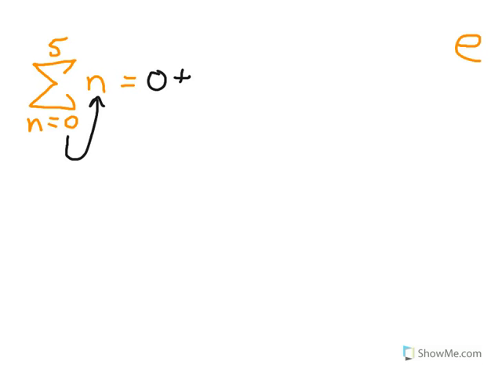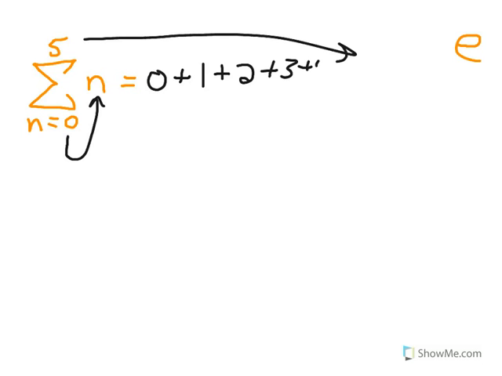That's because this symbol here means summation. The next integer after 0, which would be 1, plus the next integer after 1, which would be 2. You continue until you get to this top number. Then you sum those, and you get 1, 3, 6, 10, 15.